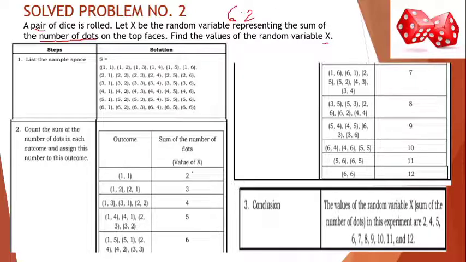So first list the possible values of x: 2, 3, 4, 5, 6 up to 12. Of course there is no 1 because there are 2 dice. Now, here you find addends that will sum up to the following numbers you placed here. Okay? So, let us proceed.